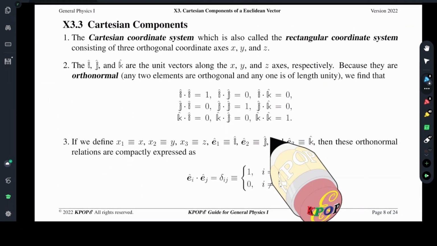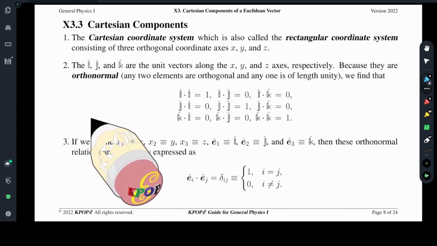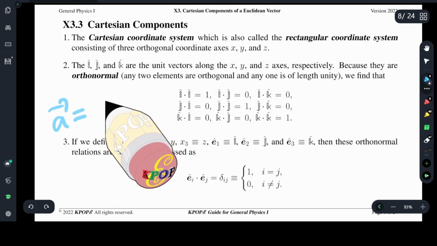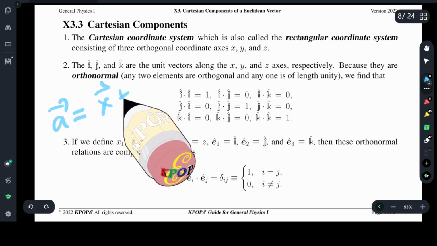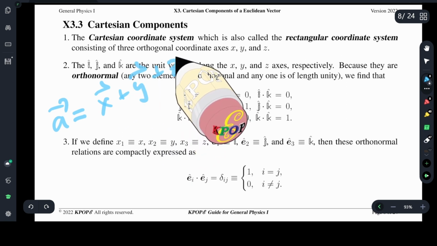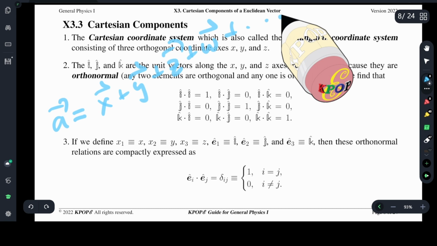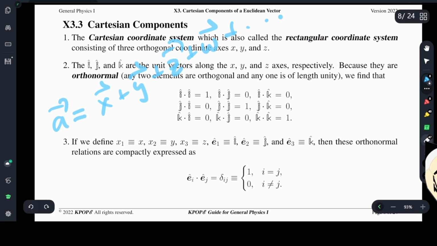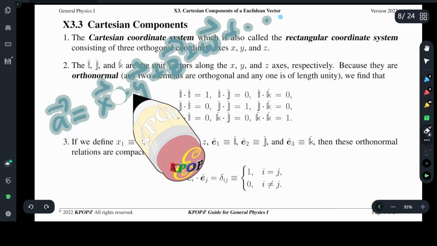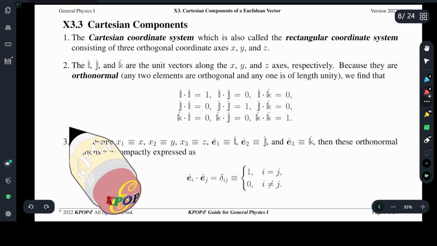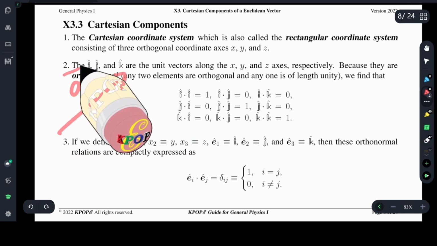Next, we consider Cartesian components. Any vector can be decomposed into a sum of x, y, z, w, and so on. There are numerous ways to express a single vector. For example, if I make use of an arrow, this is a vector.